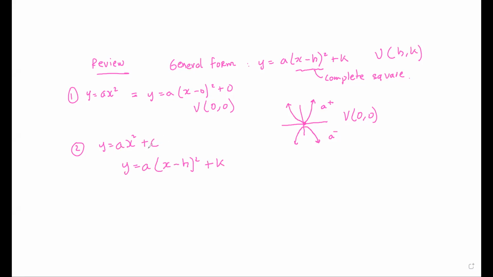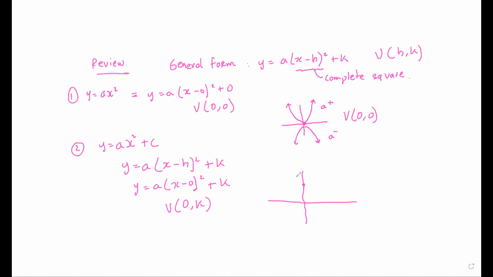So we could turn this c into k if you like. So the vertex here, let's write that again, a(x minus 0) squared plus k. And k is some number. So the vertex here would have been (0, k). I guess it's a little bit confusing with the notation, but you'll get used to it. So in this case, the vertex is (0, k). k can be positive or negative.